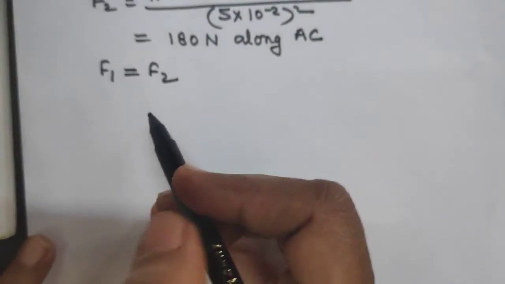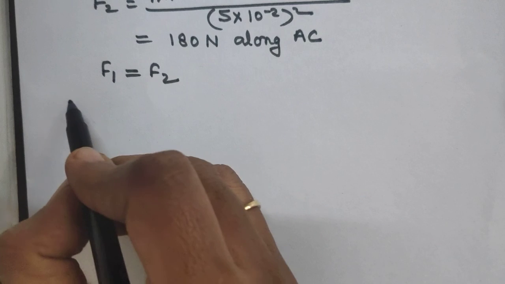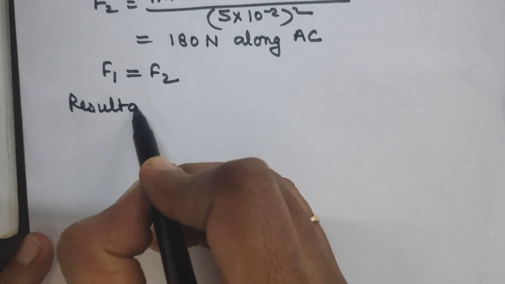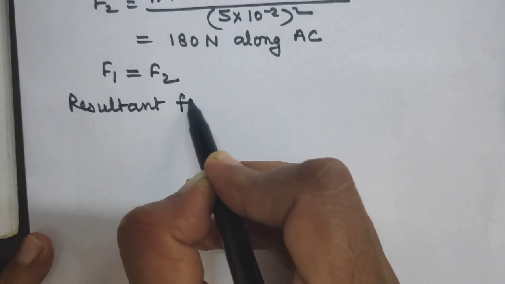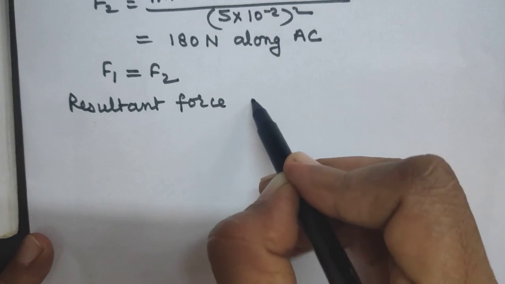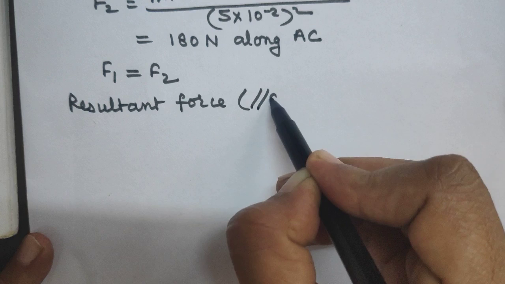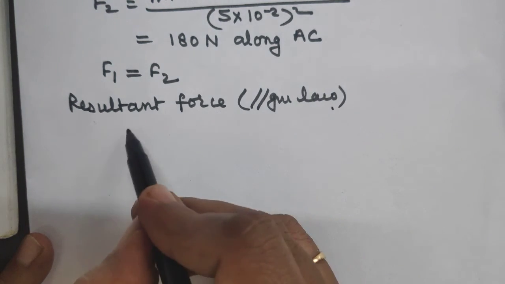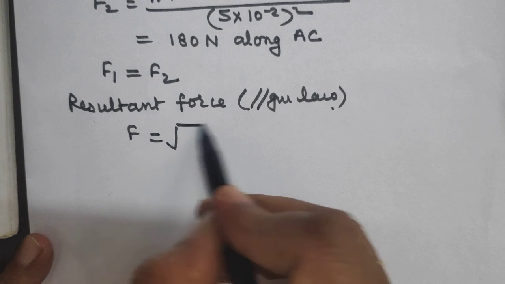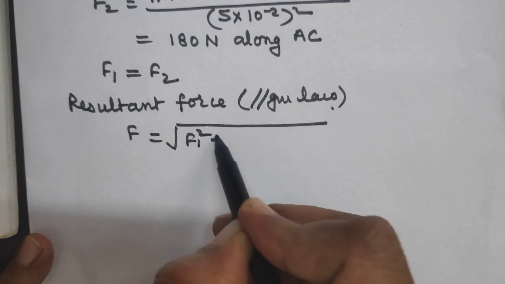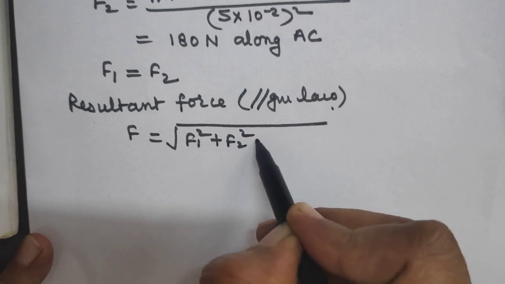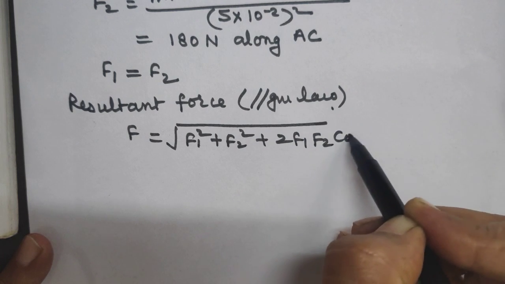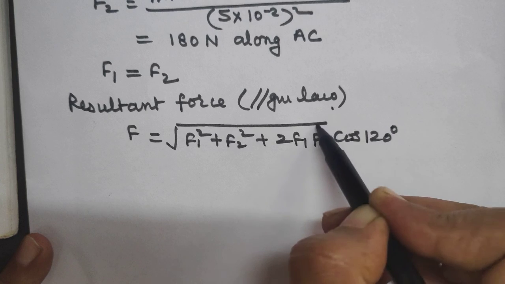Now resultant force. According to parallelogram law of vector addition, F equal to under root F1 square plus F2 square plus 2 F1 F2 cos 120 degree.